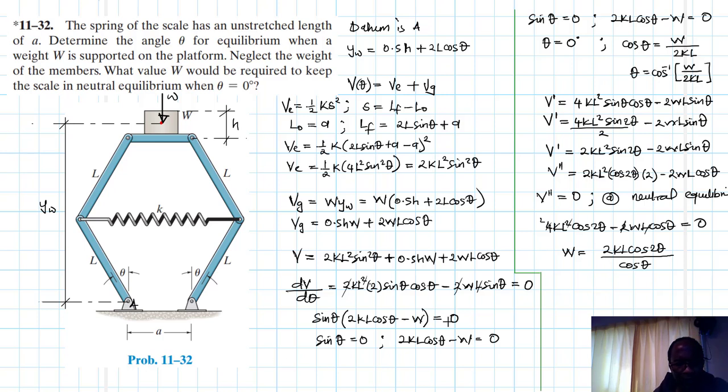Okay, and then of course they've told us this is supposed to be found at theta equal to 0 degrees, therefore W at 0 degrees will just be equal to 2KL, because cos 0 is 1. So basically this is about it, to find the value of W that will make this system be at neutral equilibrium.